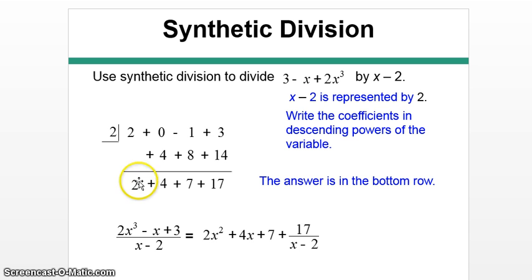Then the degree 2 means this will be 2x squared plus 4x plus 7, that will be the quotient polynomial, and this 17 is your remainder. So finally we can write 2x cubed minus x plus 3 over x minus 2 equals 2x squared plus 4x plus 7 plus the remainder 17 over the divisor. The divisor is x minus 2.